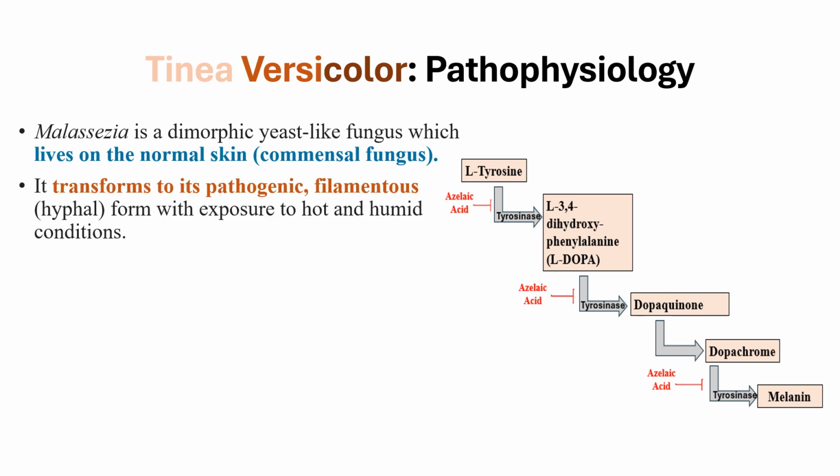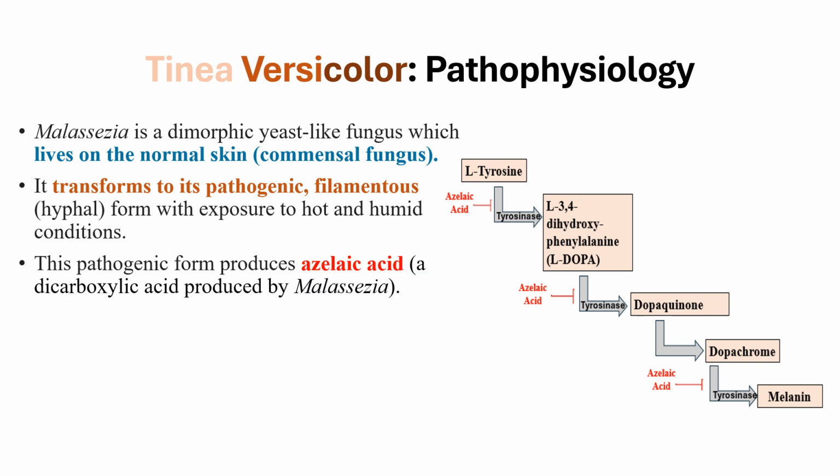So this Malassezia species lives on your normal skin and doesn't cause any problems, but it can transform to its problematic pathogenic filamentous form when it's exposed to hot and humid conditions. So this pathogenic form now produces an acid, a dicarboxylic acid known as azelaic acid.